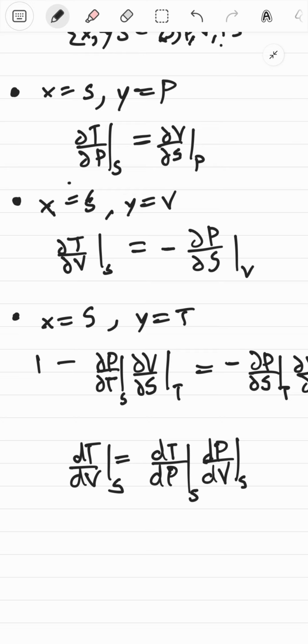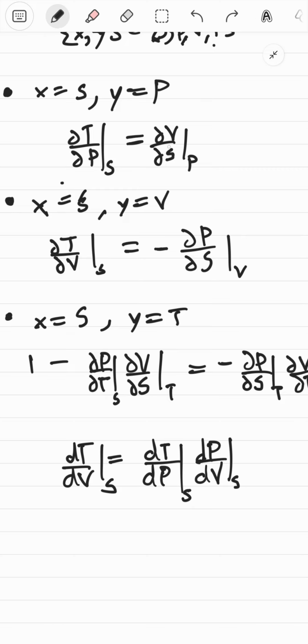And so far it's not all that complicated. But now we can use these relations and substitute those in there. And so what does this give us? It gives us partial V by partial S at constant pressure. That's what this term is now. And so you just get partial T by partial V at constant entropy, that's equal to partial V by partial S at constant pressure, and then this stuff, partial P by partial V at constant entropy.